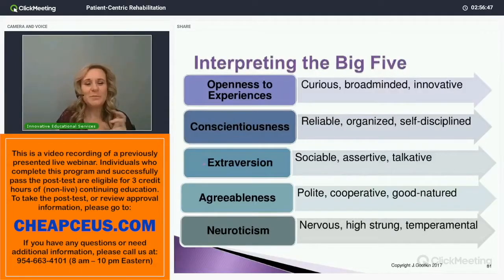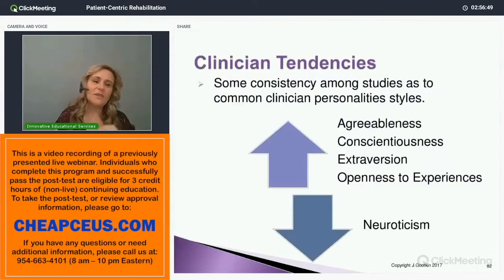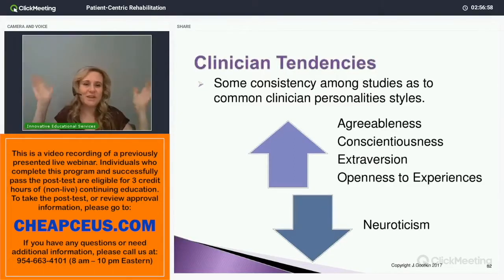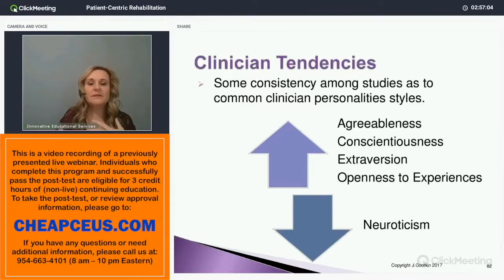So what does the research say about these personalities and how they relate to therapy? In terms of clinicians, what they found, and there are a lot of different studies that look at this, so it's not a blanket rule. Don't get a score and say I have to leave the profession. But look at it as if there's a high agreeableness, conscientiousness, extroversion, and openness, those are the ones we tend to see in clinicians and in medical professionals.